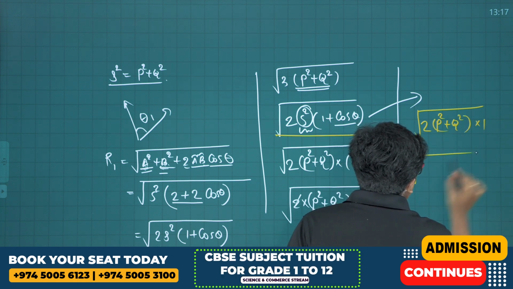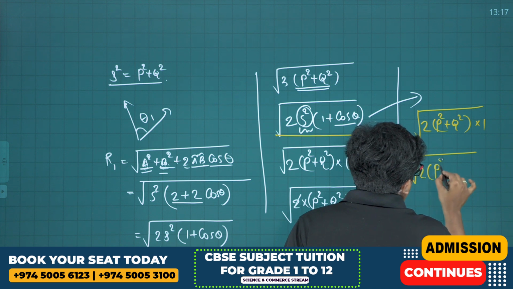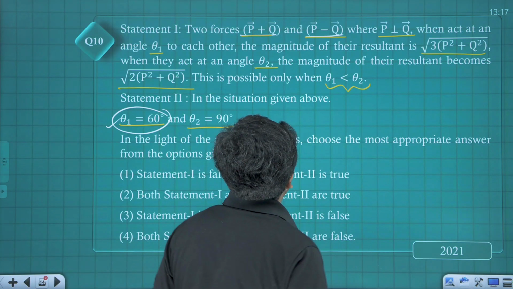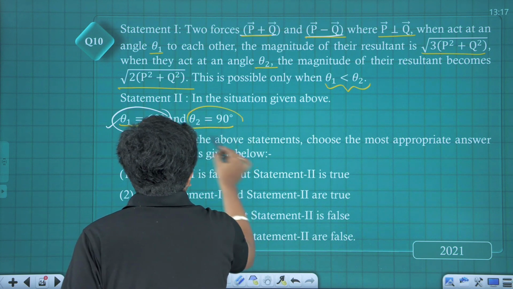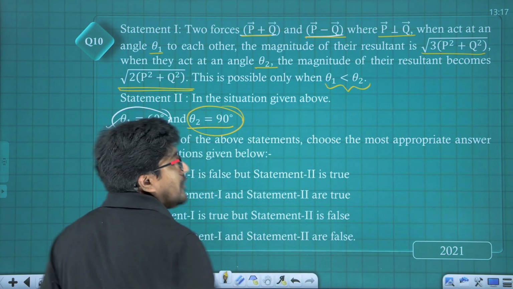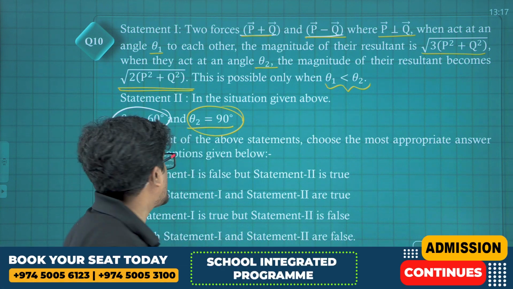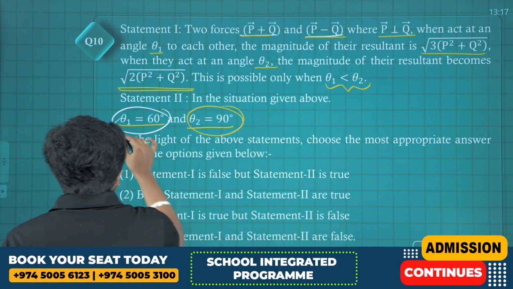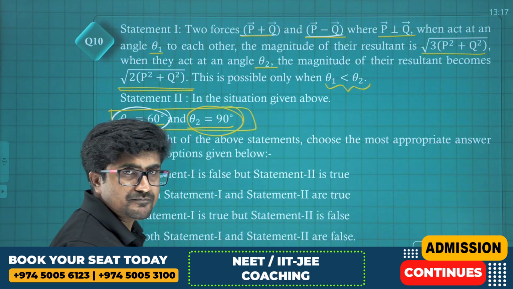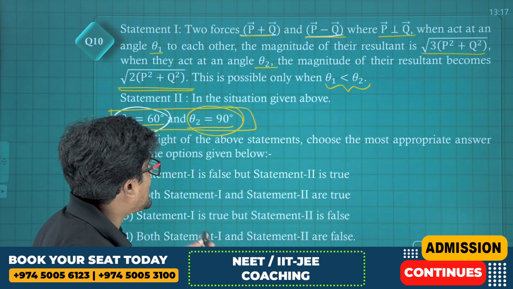Basically, this is root of 2 into P square plus Q square. If theta is equal to 90 degree, they say the resultant is root of 2 into P square plus Q square, which means statement 2 is perfectly correct.